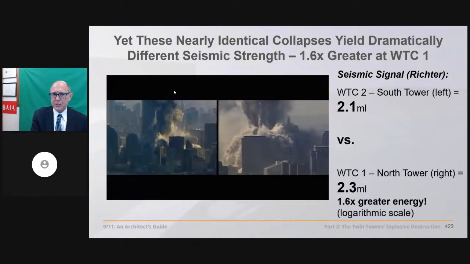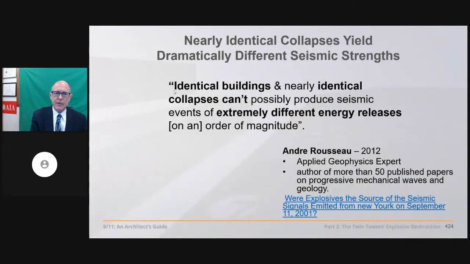So that makes no sense if it's to be explained by the collapsing towers. Andre Rousseau, author of 50 published papers on progressive mechanical waves and geology: Identical buildings and nearly identical collapses cannot possibly produce seismic events of extreme different energy releases on an order of magnitude.